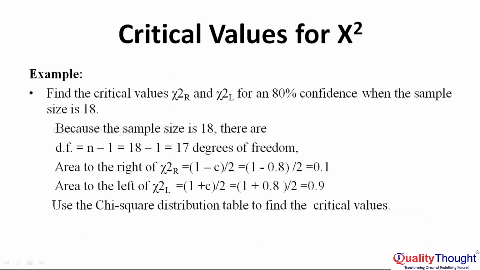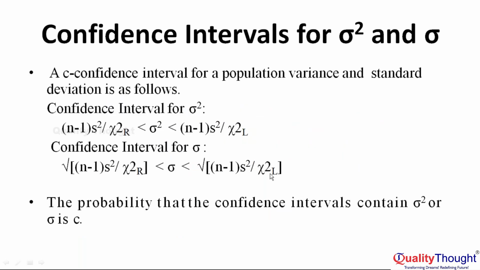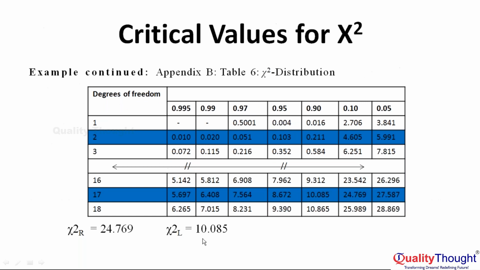Which is 0.9 and 0.1. So for 0.9, you can see 10.085. For 0.1, it is 24.769. So we can clearly say the critical values are 24.769 for the right and 10.085 for the left chi-square.